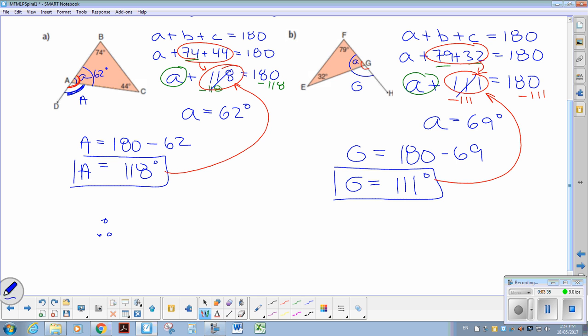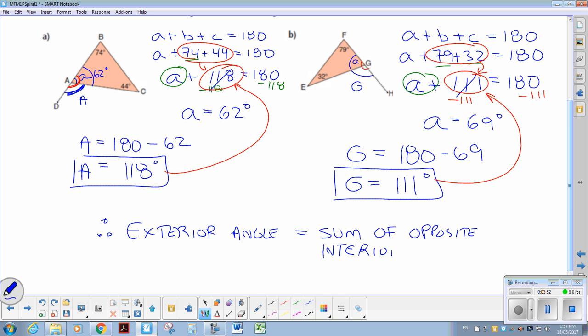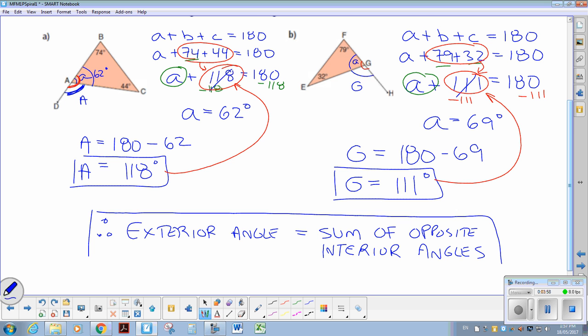So therefore, exterior angle is equal to sum of opposite interior angles. And let's put a picture with that, so that when you look back at this it makes sense.